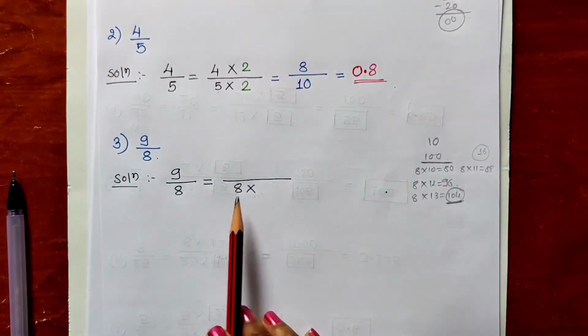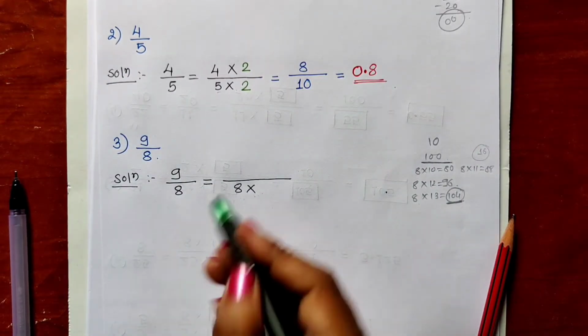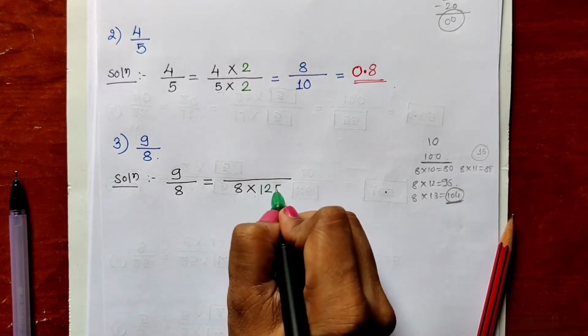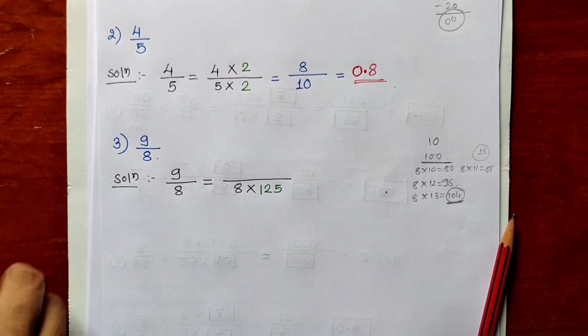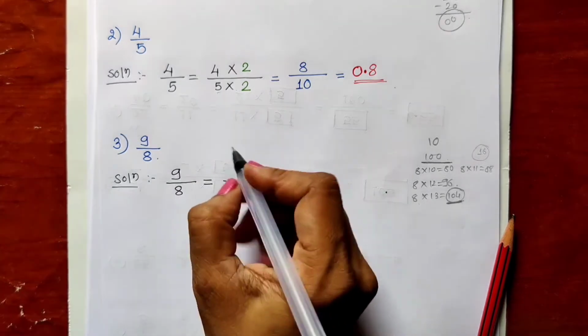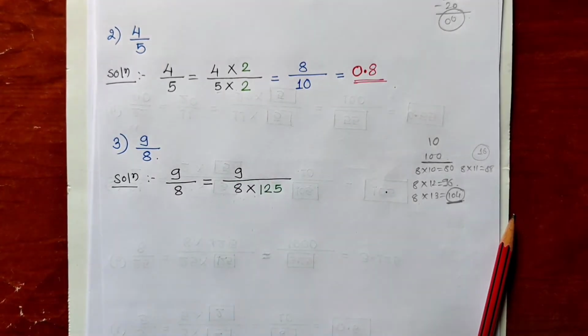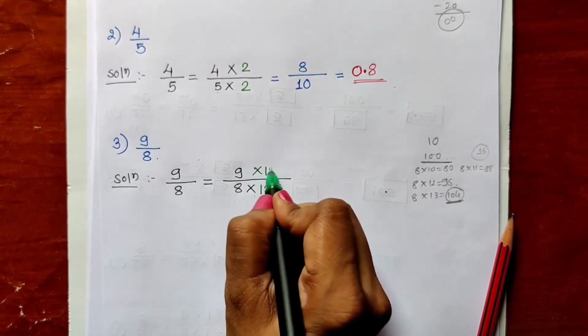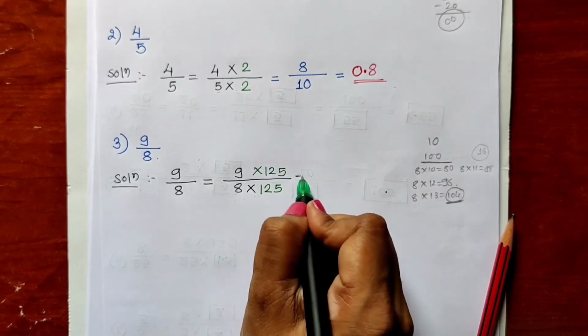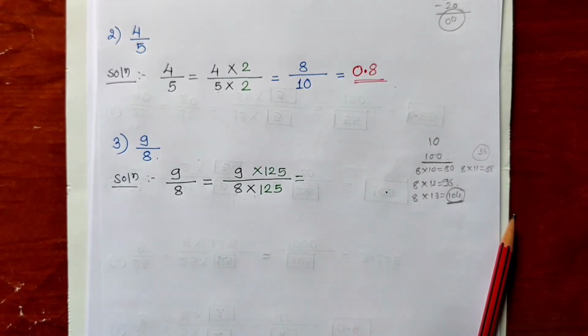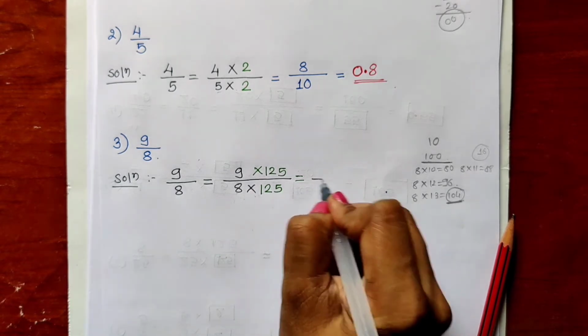So let us multiply 8 by 125. The answer is 1000. As we are multiplying 8 by 125, we have to multiply 9 also by 125. So 8 multiplied by 125, we are getting 1000.